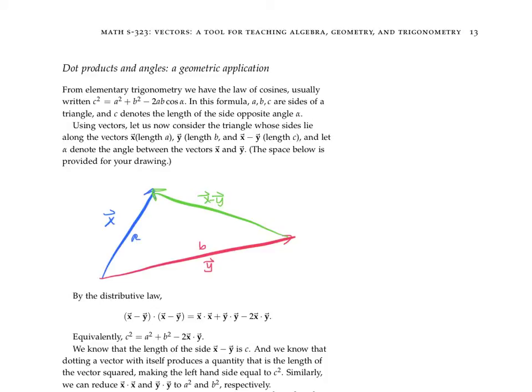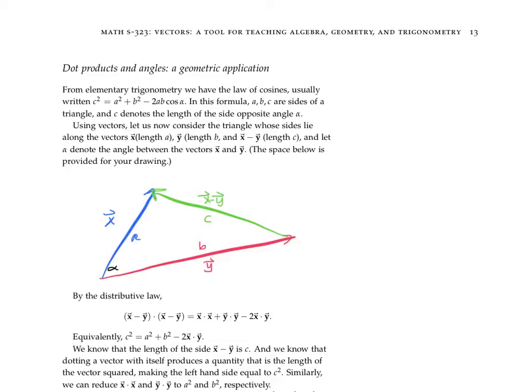But remember that if y is pointing in this direction, then if we wanted to add on minus y to x, we'd want it to point in this direction, and so x minus y would be pointing like that. So it looks like so. I went ahead and completed labeling the side length c as well as adding the angle measure alpha.